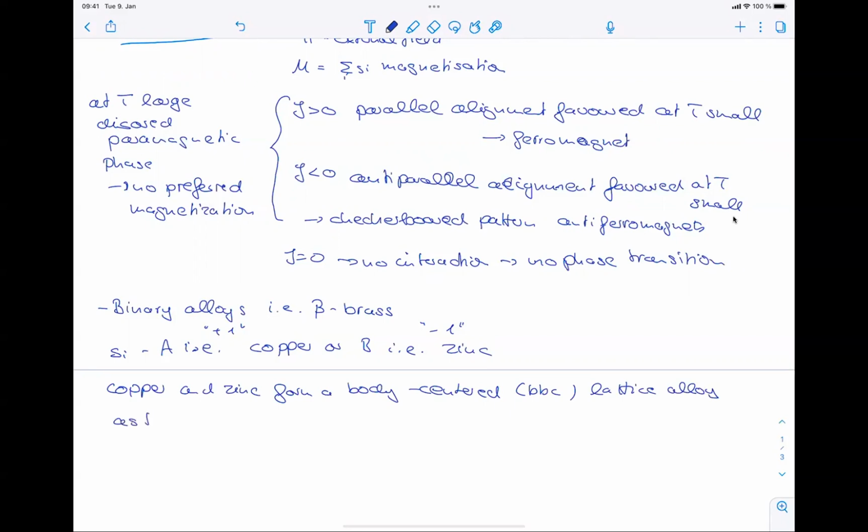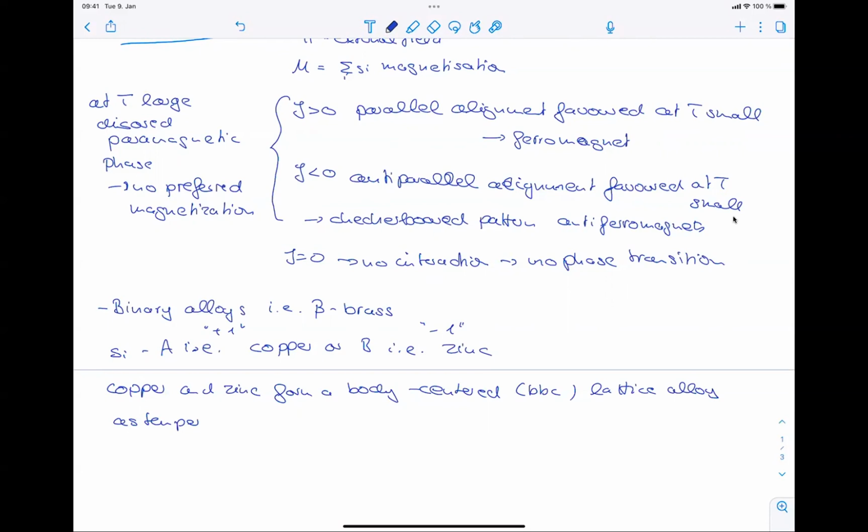And as temperature increases, A and B can interchange their lattice spots, so they can really move around in the lattice. If I think about this application, I'm going to write down the Hamiltonian that would describe this interchange that's possible between A and B, copper and zinc. And then we can see that we can map this actually back to the Ising model.